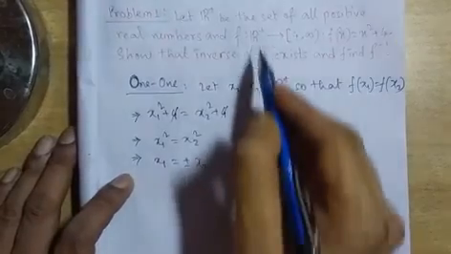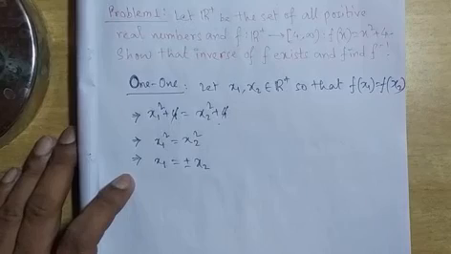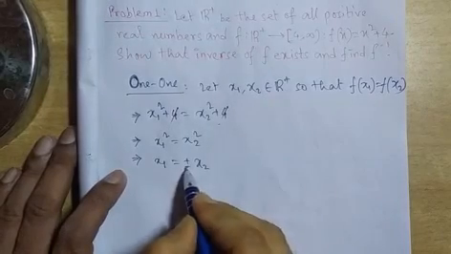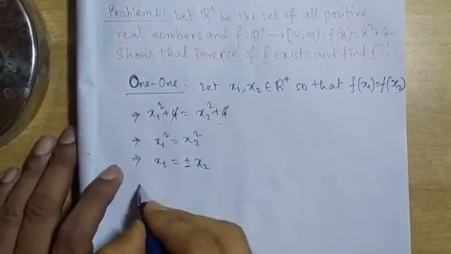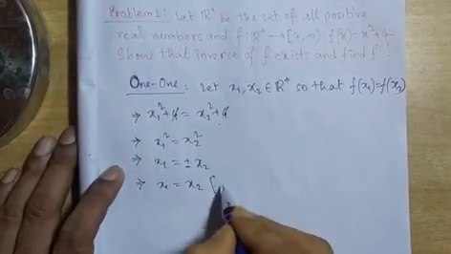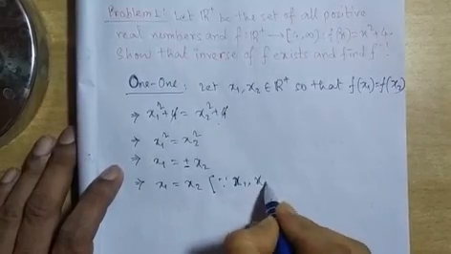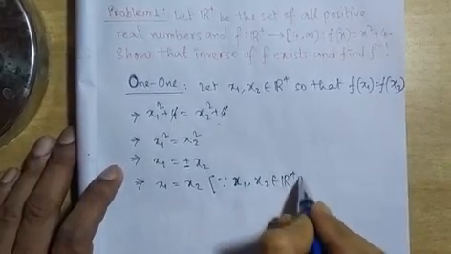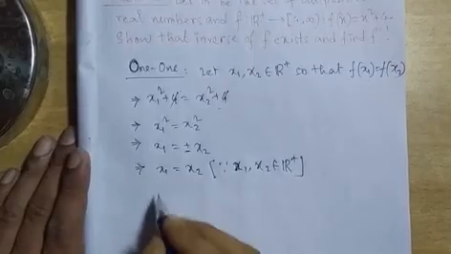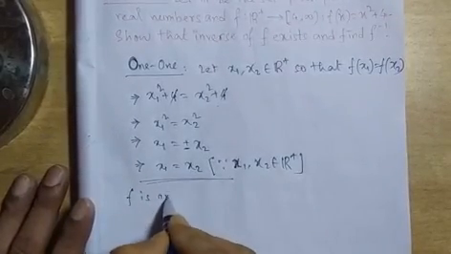Now since both x1 and x2 are from R plus, both are positive real numbers, so minus x2 doesn't exist in the domain. So clearly we can take x1 equal to x2, since x1, x2 belong to R plus.